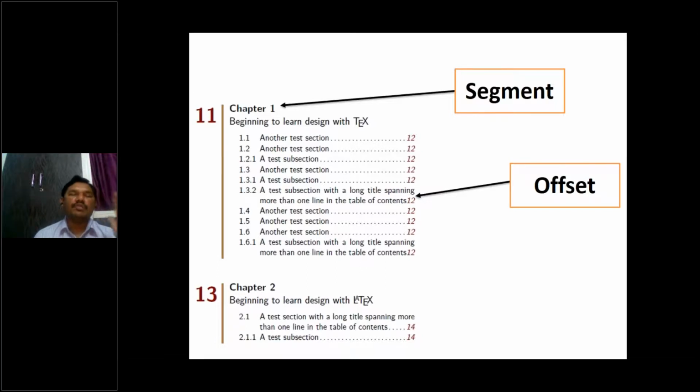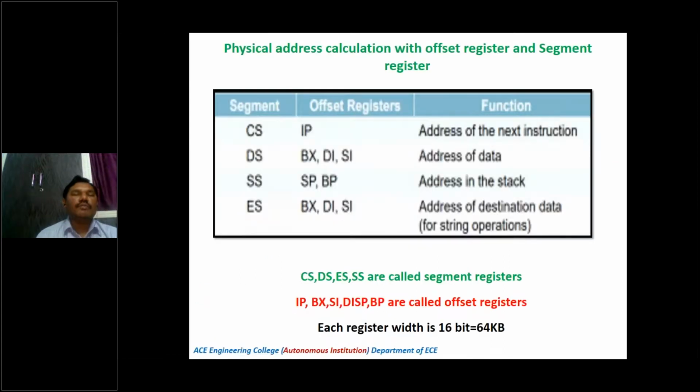I could not read 1.4 by staying at the chapter 1 position. If I want to read 1.4, I have to go to the chapter location and then to the page number of 1.4, one by one. Otherwise, I can't read it. So the physical address is a combination of segment registers plus offset registers.